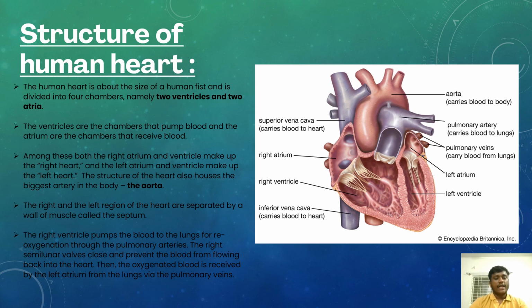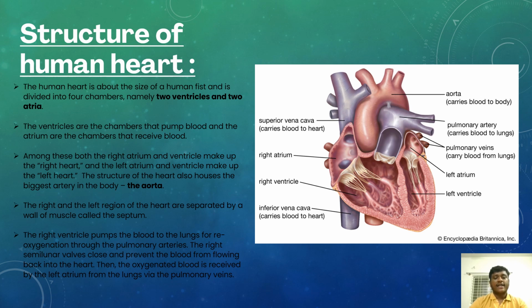The right ventricle pumps the blood to the lungs for reoxygenating through the pulmonary arteries. The right semilunar valves close to prevent the blood from flowing back into the heart.